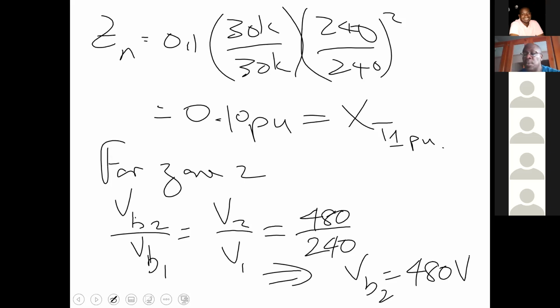So what do I now need to calculate in zone 2? Because remember, for the line, what information do we have? The actual reactance. So I need to find the per unit. So what do I need? The base.